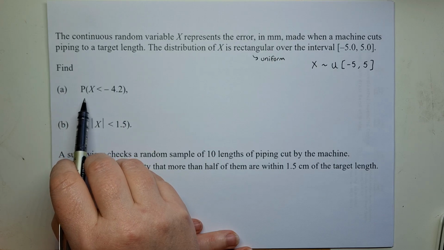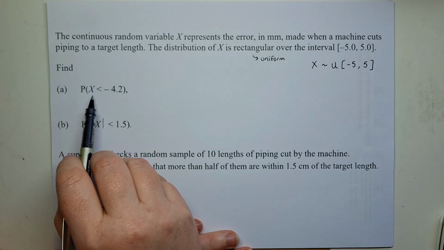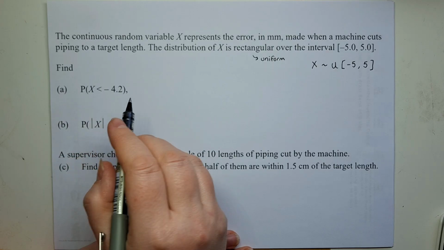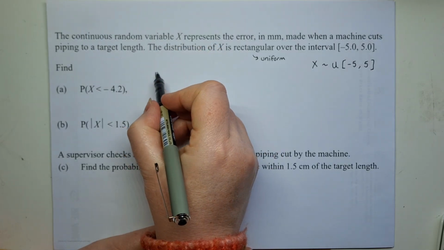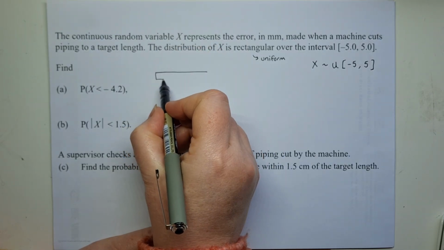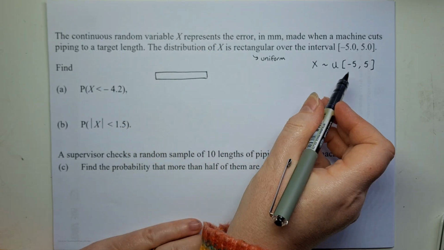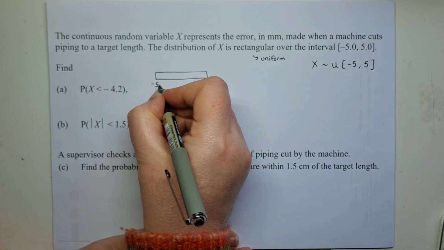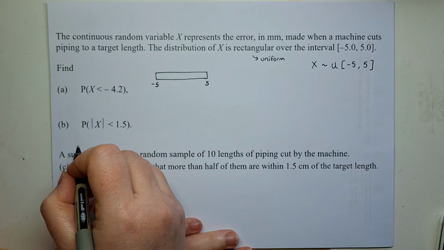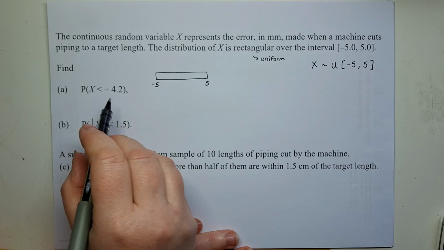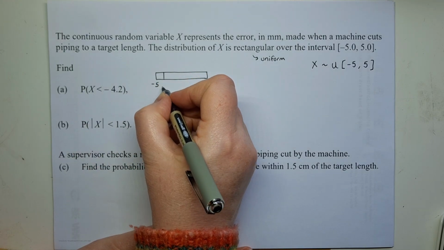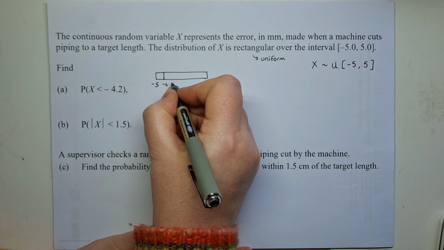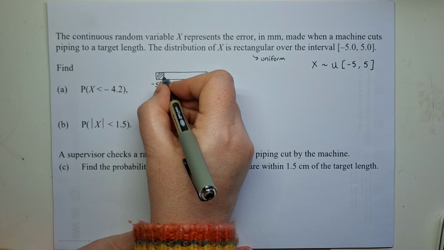Okay, so our first question says, what's the probability x is less than -4.2? So we do this by just sketching our little rectangle that represents our set of numbers that we could have. And we just have to be below -4.2. So we've got to be right down at the bottom end there, somewhere in that little gap.